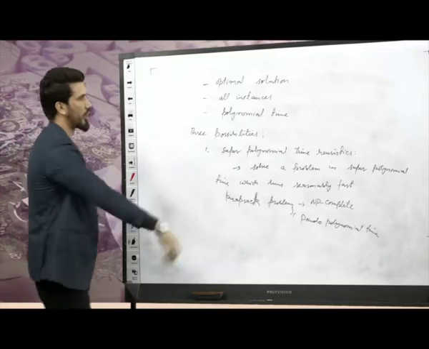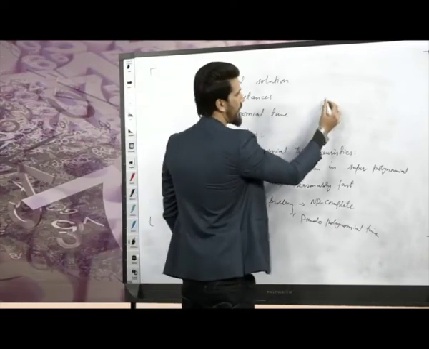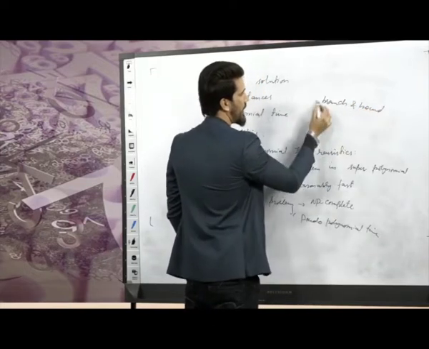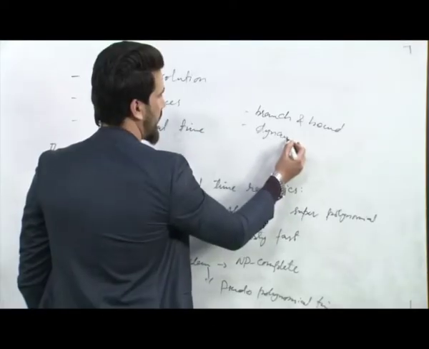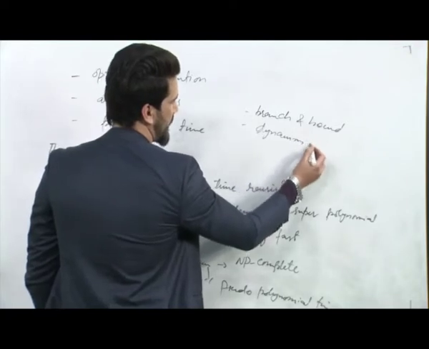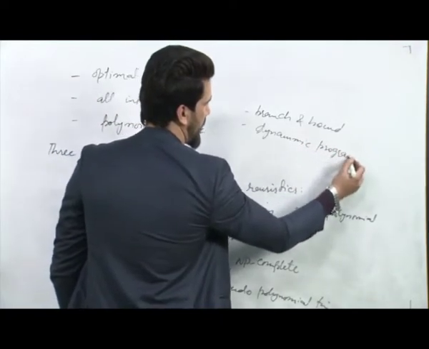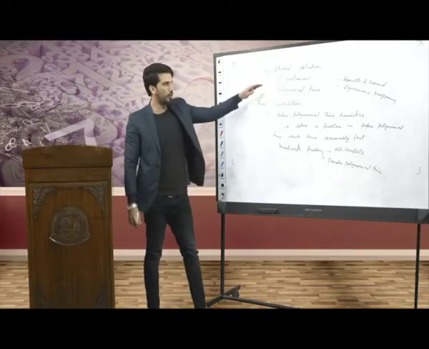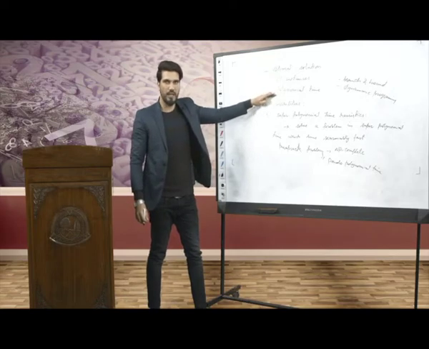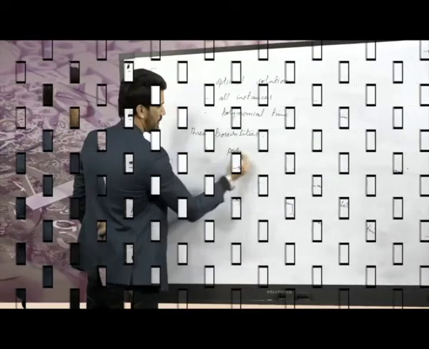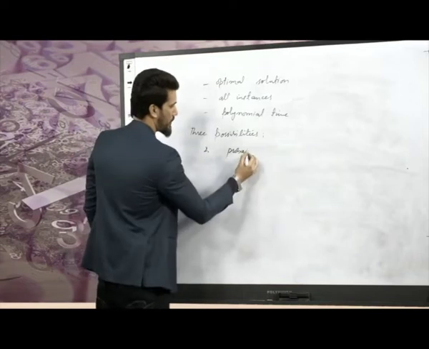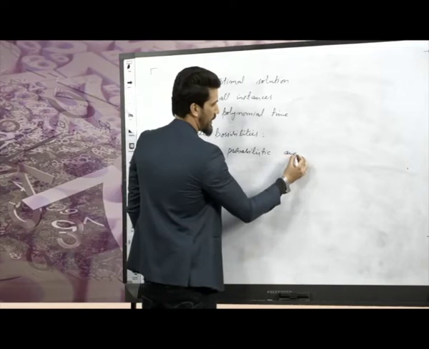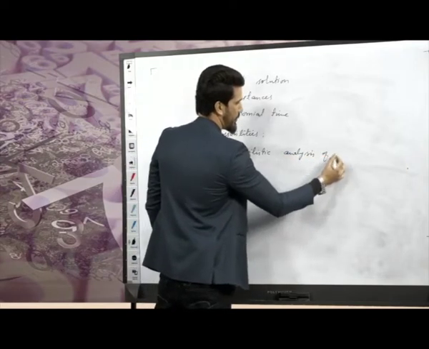We use the techniques of branch and bound and dynamic programming to come up with the solutions by relaxing the polynomial time requirement of our problem. This is our second possibility. Probabilistic analysis of heuristics.